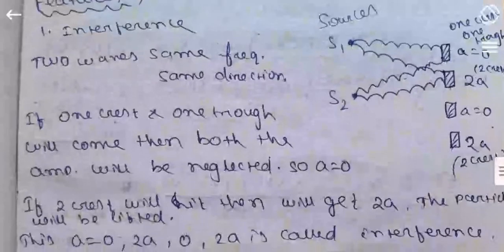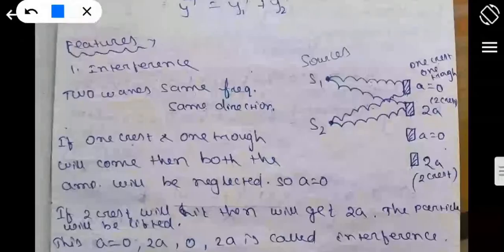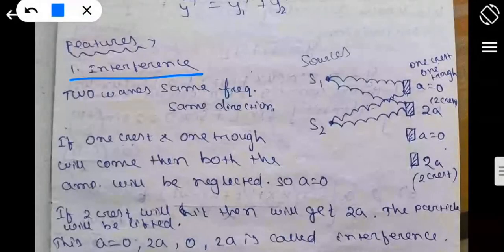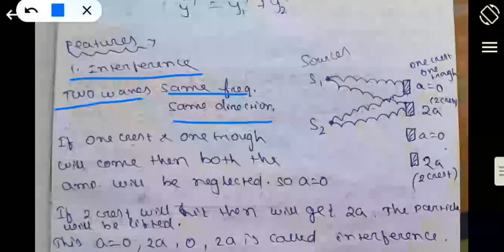So here the first feature is interference. What is interference? Interference is two waves having the same frequency and moving in the same direction. If the two waves are going, then obviously they are going to interfere.